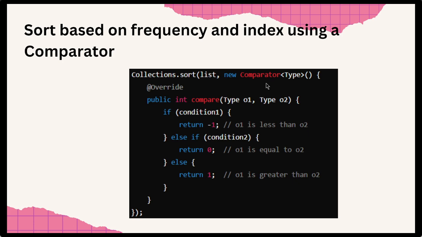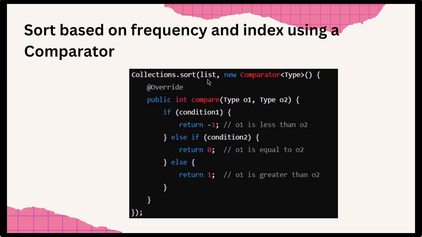This comparator will have the compare function which we have to override. So we have to write conditions such that it returns -1, 0 or +1. If it returns -1, the elements are ordered in a certain way. If it returns 0, in a certain way. If it returns 1, in another way. I'll explain it clearly.